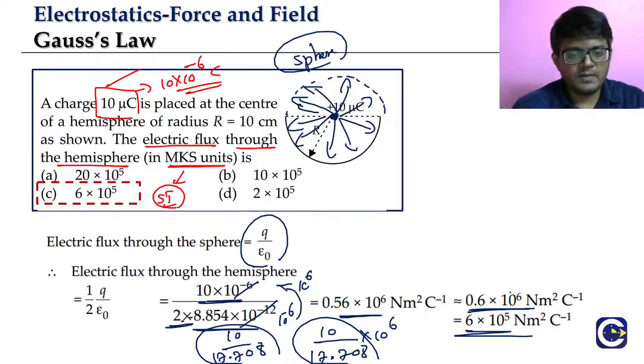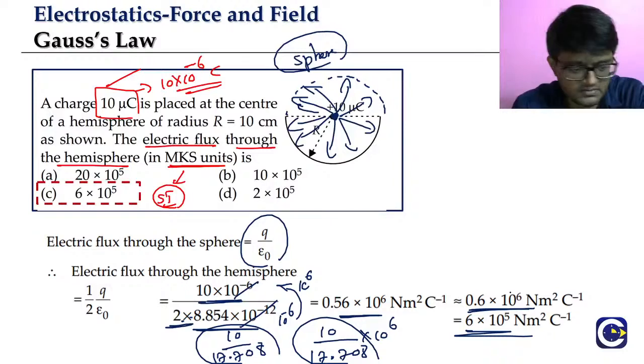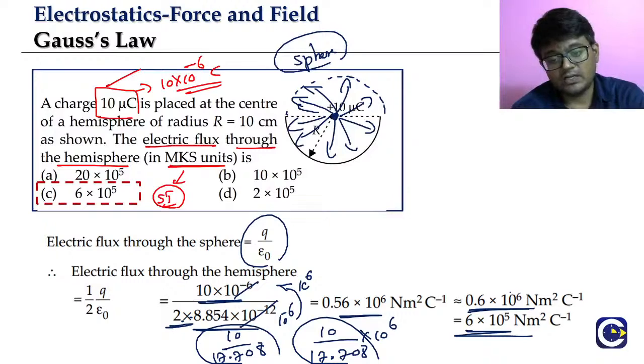So the concept we apply panradhukku this is more of mathematics, basic math. The division, multiplication, okay va? So what is the answer for this, students? Check pannunga, what is the answer? It is option C. 6 into 10 power 5. So in the division and multiplication we have to spend some time and make sure that we don't get the answer wrong.